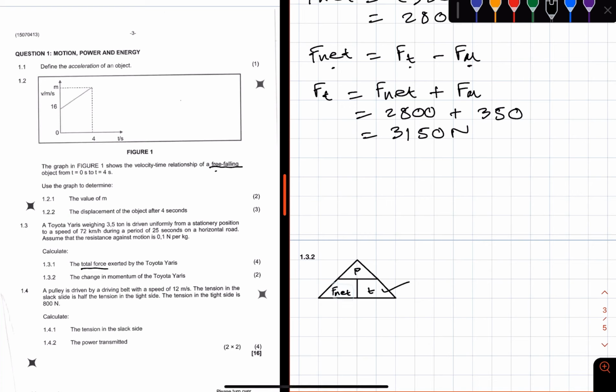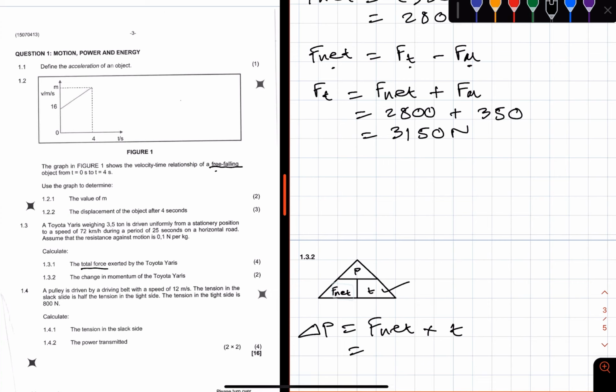So to calculate the change in P, change in P is equal to F net times T.